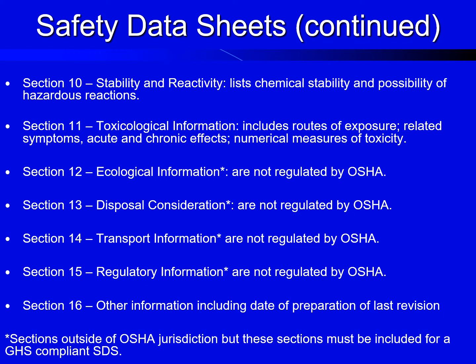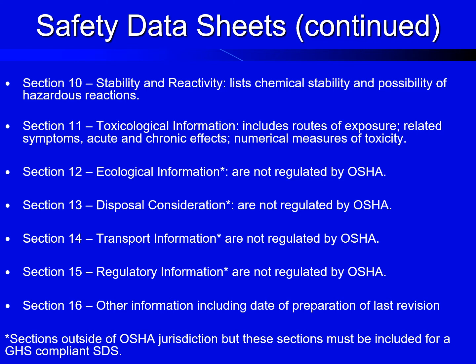Section 12, ecological information. They're not regulated by OSHA. Section 13, disposal considerations. These are also not covered by OSHA. Section 14, transportation information, not covered by OSHA. Section 15, regulatory information, not covered by OSHA.